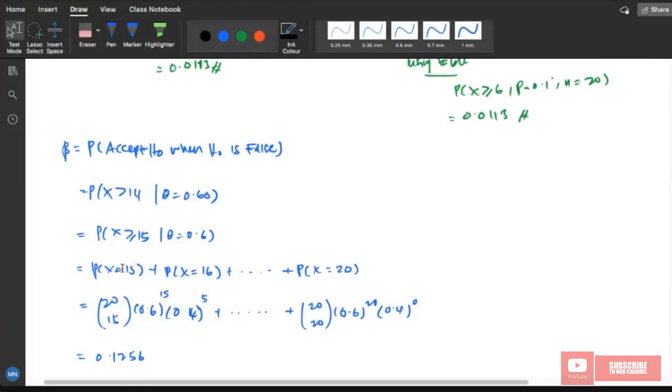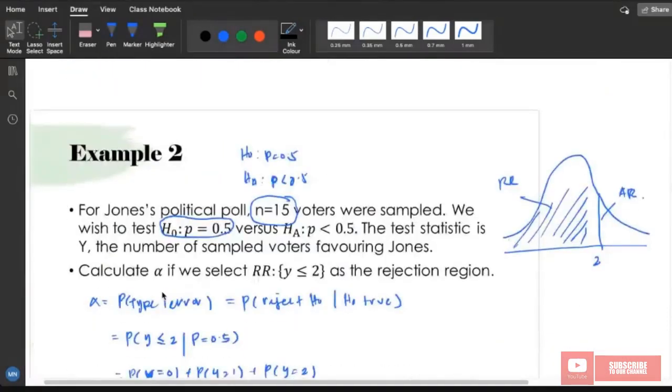Right? Because we have x starting from 15. You just calculate lah, as usual. What is your question actually? I don't understand.